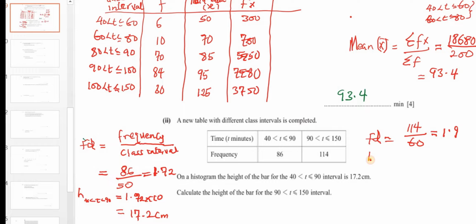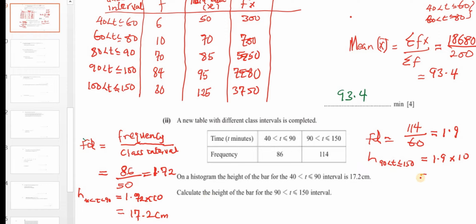To get the height for the class interval 90 less than t less than or equal to 150, it will be 1.9 times 10 also, because we multiply by 10 to be able to get the exact height given here.